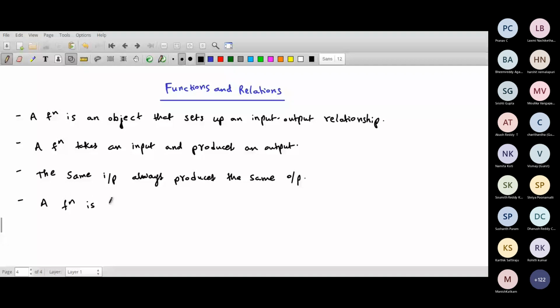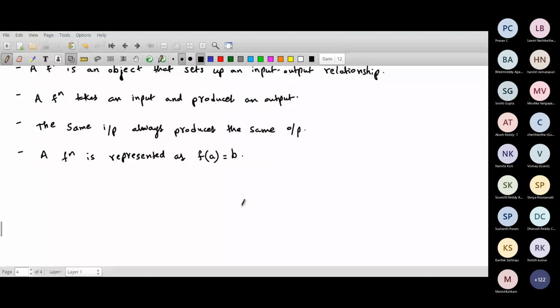A function is represented as f of a equal to b. The function is also called a mapping.